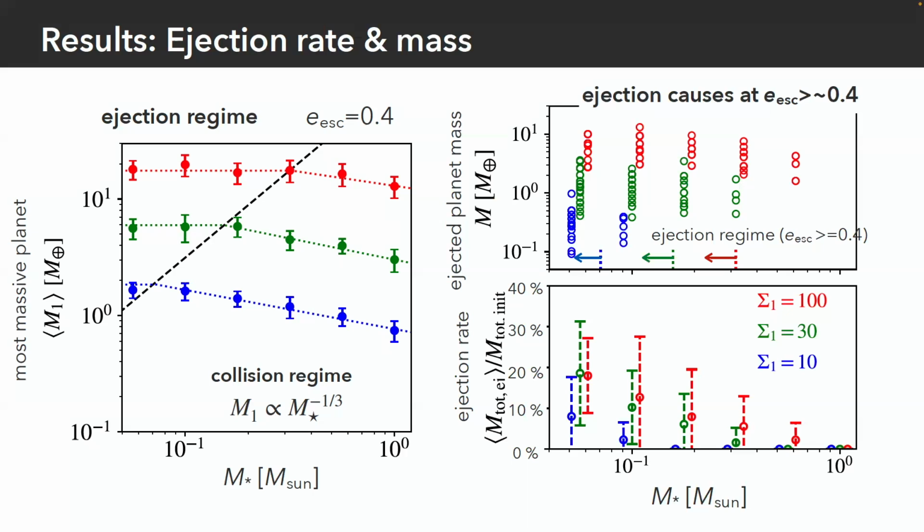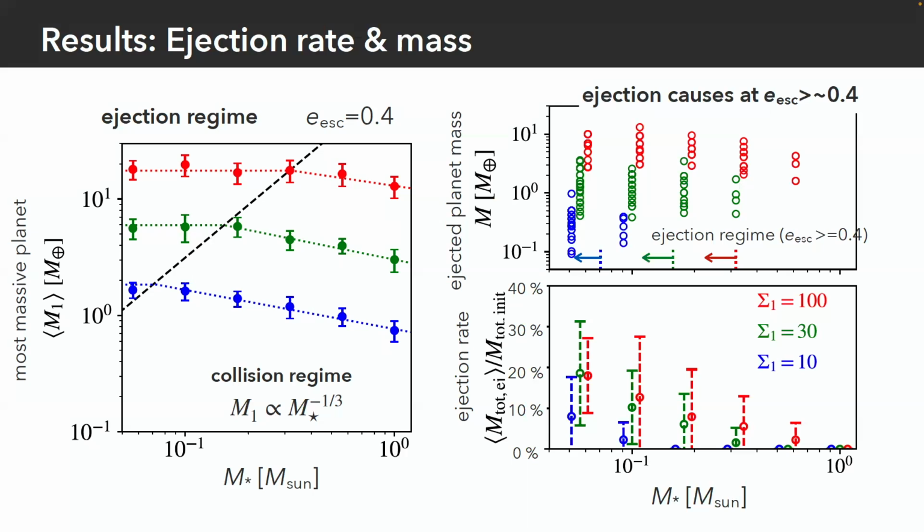Only lucky collisions make accretion, and as stellar mass becomes lower, most goes to scattering and ejections. In these extreme, very low mass cases, more than 10 or 20% of the total mass is ejected.